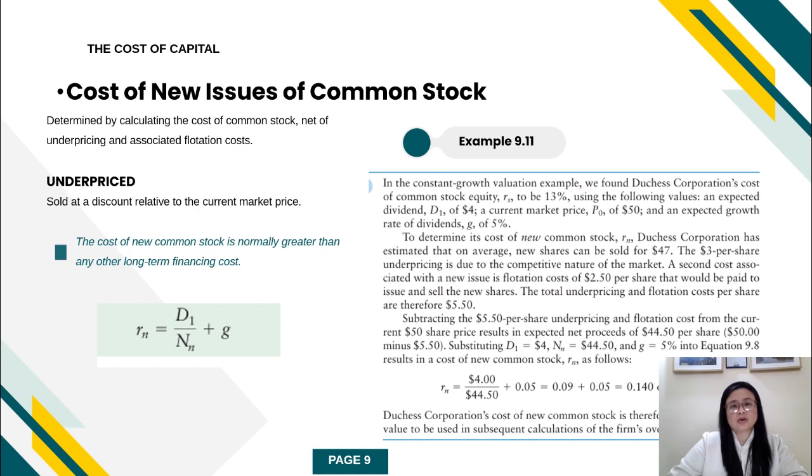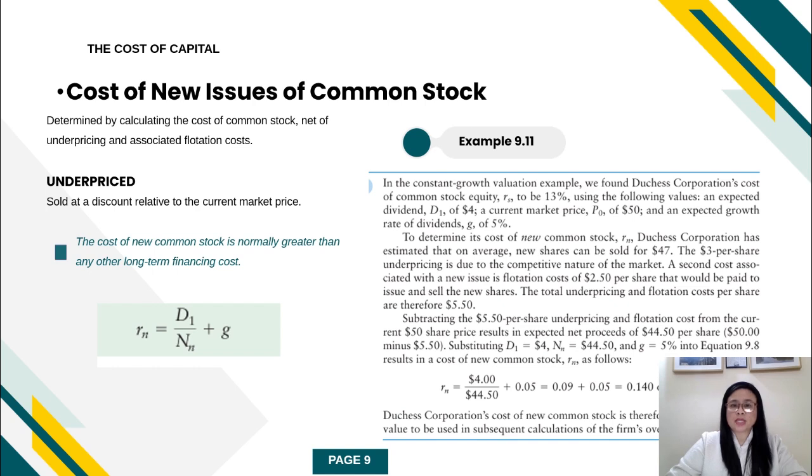This is called issuing new common stock. So this example explains how to calculate the cost of issuing new common stock, which is usually higher than the cost of existing common stock because of underpricing. It means selling below the market price. So from 50, it became 44.50.